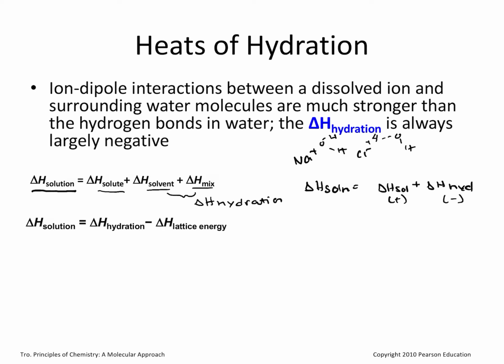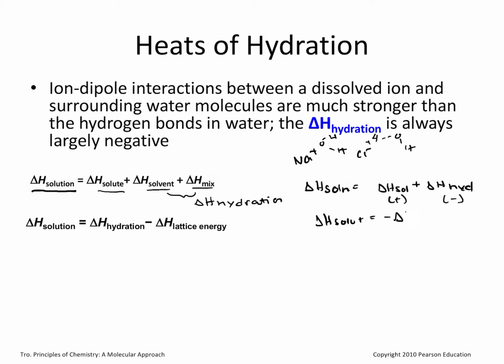So for ionic compounds, we know that the heat of the solute is the energy required to separate the solute into its constituent particles. So basically, we know that you have a crystal, which is called the crystal lattice, and you put in energy to break apart the solute particles.